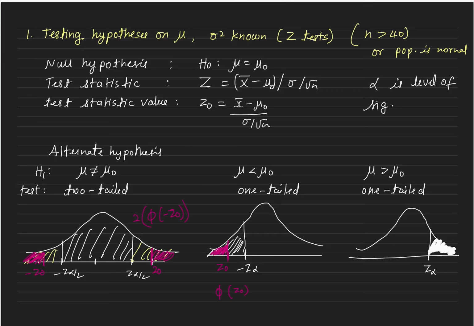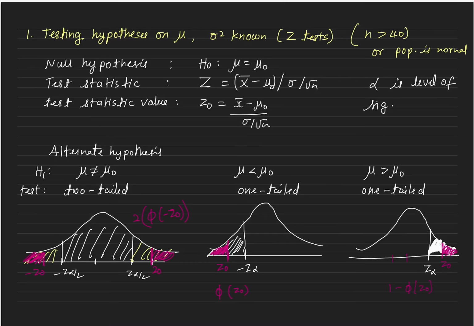If this value is Z naught and this area is p-value, then p-value is 1 minus phi of Z naught. If Z is lying here, we reject this null hypothesis. If Z is somewhere here, we don't reject the null hypothesis.